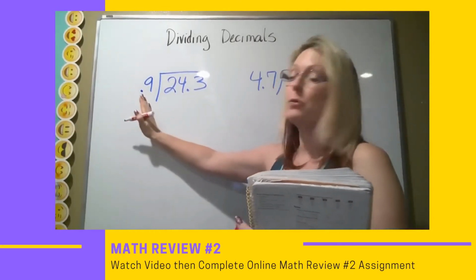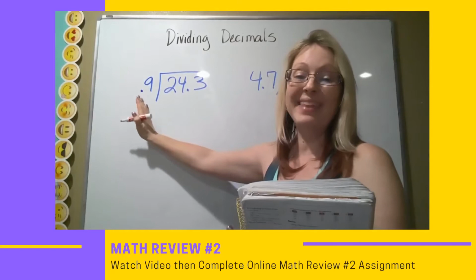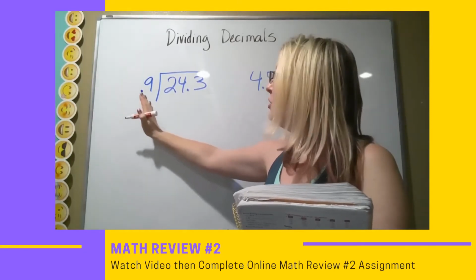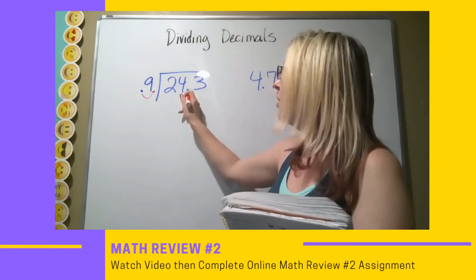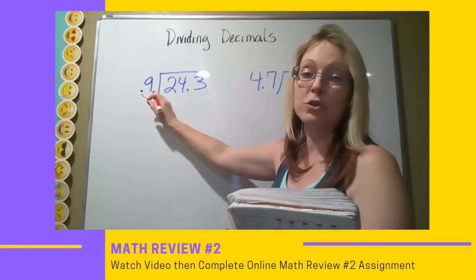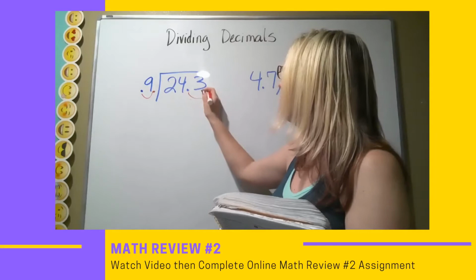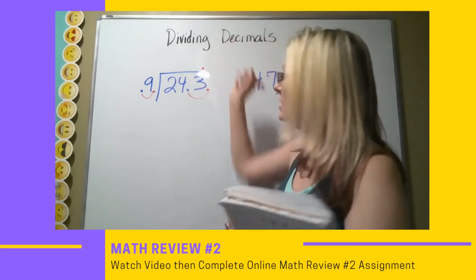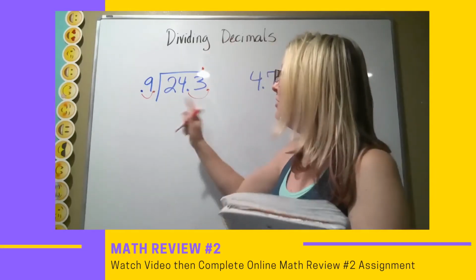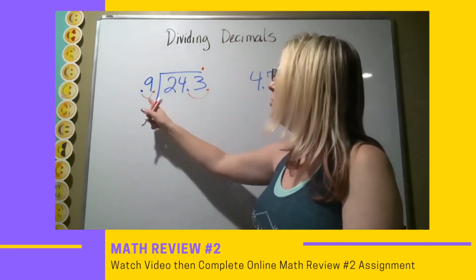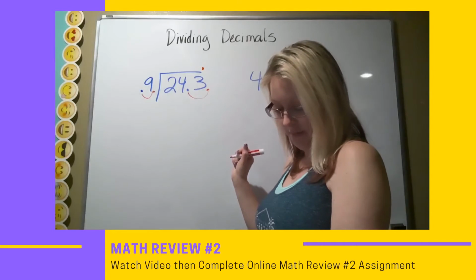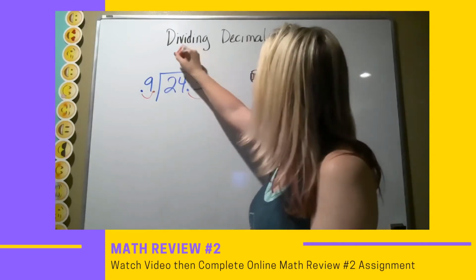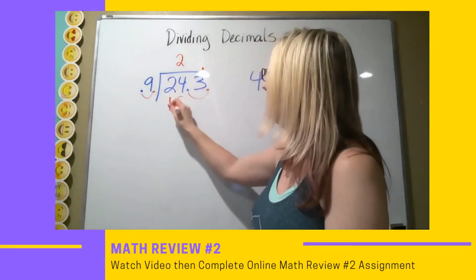Okay, and now we're going to do a review on dividing decimals. So don't forget that when you're dividing with a decimal on the outside, you need to remove that decimal by moving it over, and however many place values you move it over here, you have to move it over here, and then you put your decimal place up there, and then you go ahead and divide. So 9 goes into 24, 2 times 9 is 18.